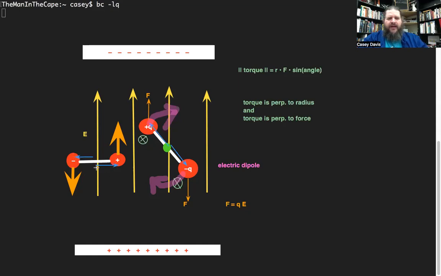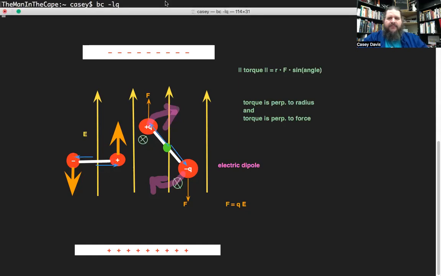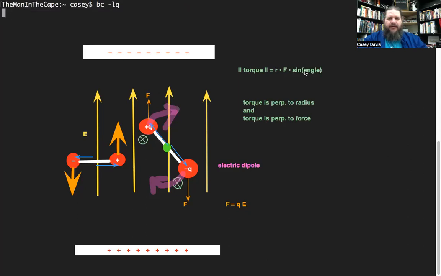In this case, what's the angle between radius and force? Yeah, they're perpendicular. And what's the sine of a right angle? So we end up with torque equals radius times force times 1. That's actually the largest it can be.